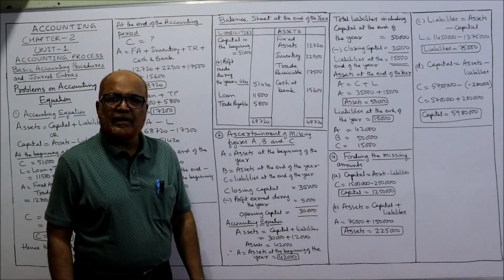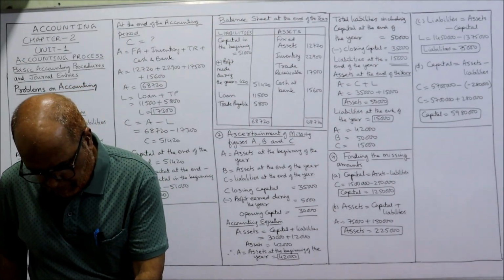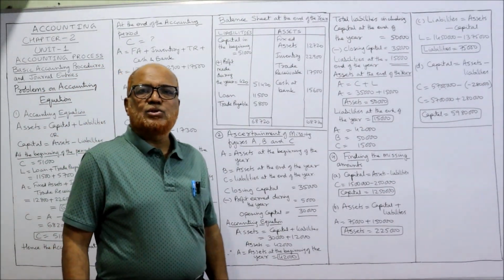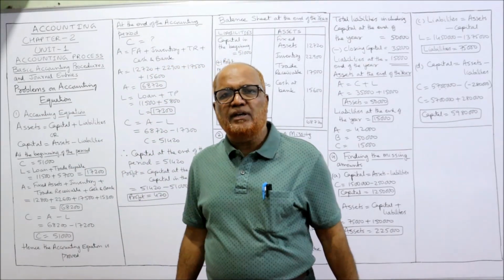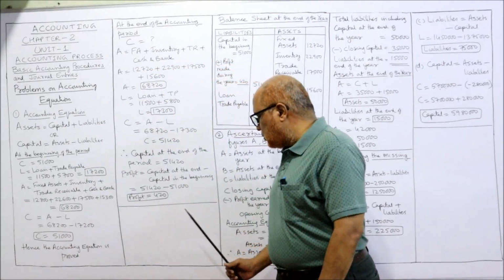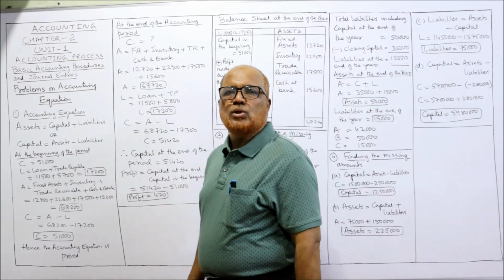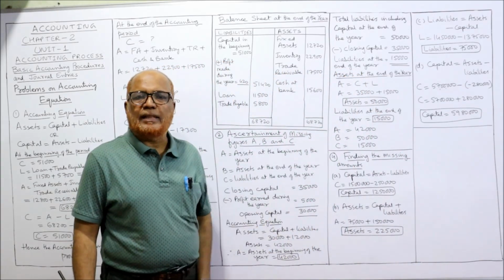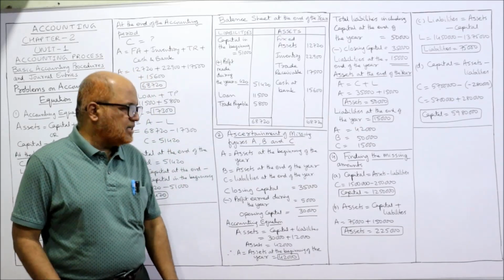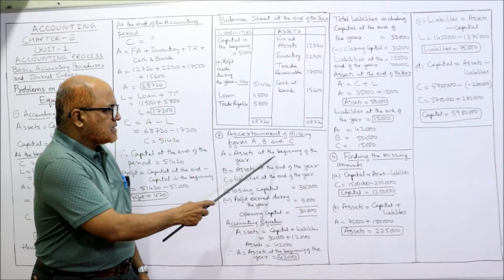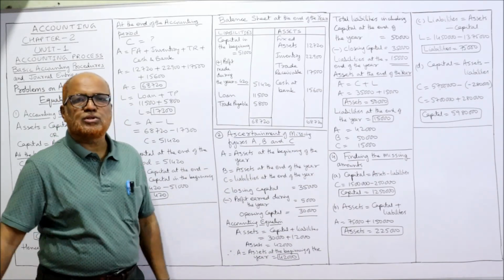And opening liabilities, it is given in the problem, liabilities at the beginning of the year is 12,000. So 12,000 is the liabilities and 30,000 is the capital. So 30,000 plus 12,000, 42,000 is the assets at the beginning of the year. So one item we got: assets at the beginning of the year 42,000.